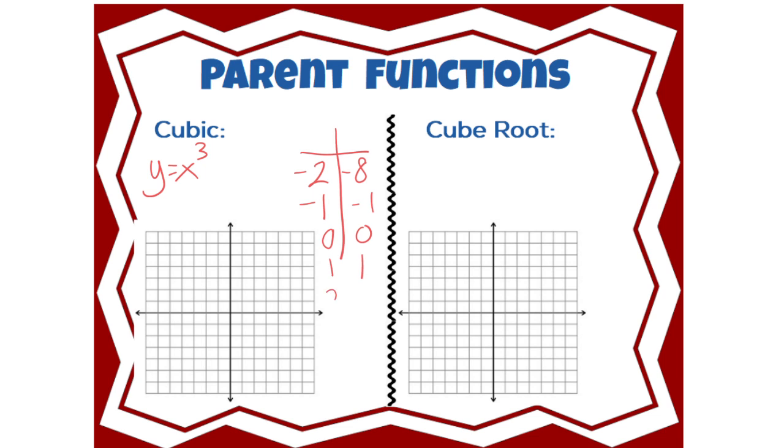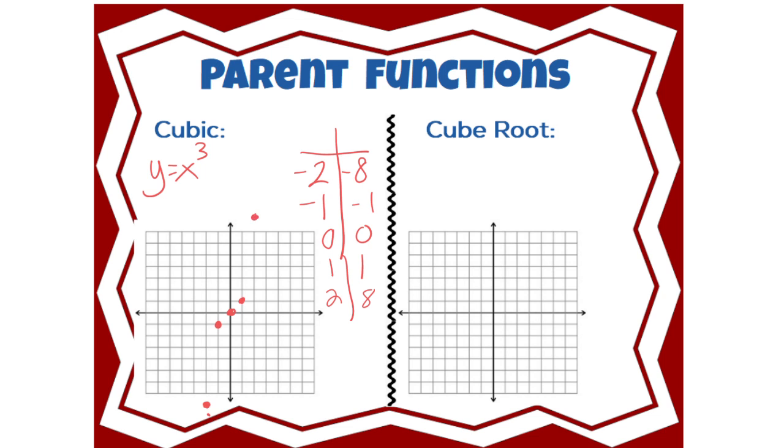Now it's going to be a +1. A 2 would be a +8. So you can see the symmetry here. So left 2, down 8, way down here. Well, it's really just right there. Left 1, down 1. 0, 0. 1, 1. 2, 8.